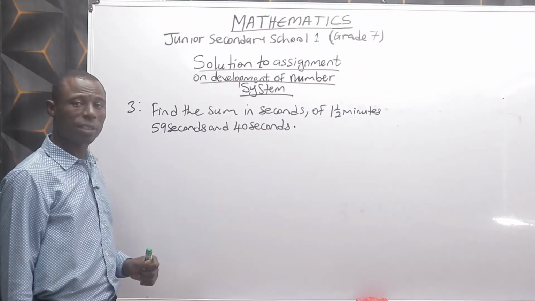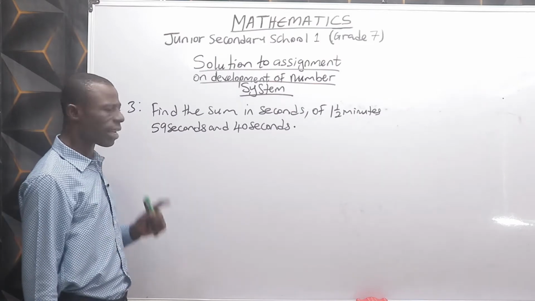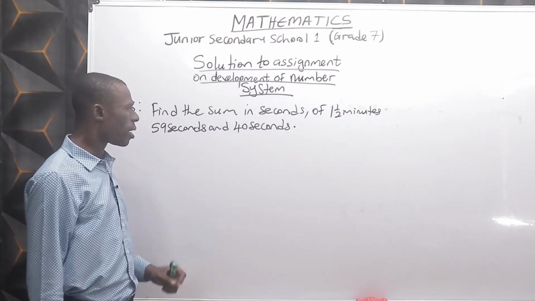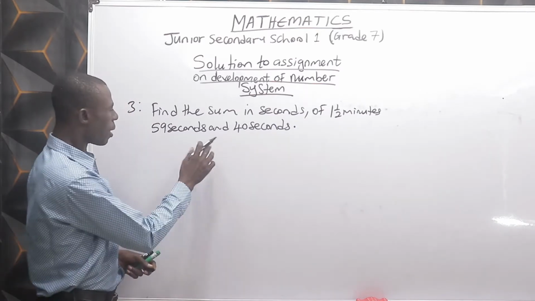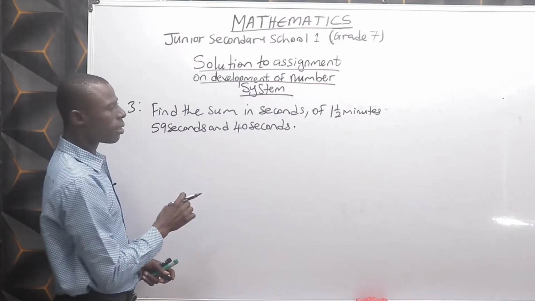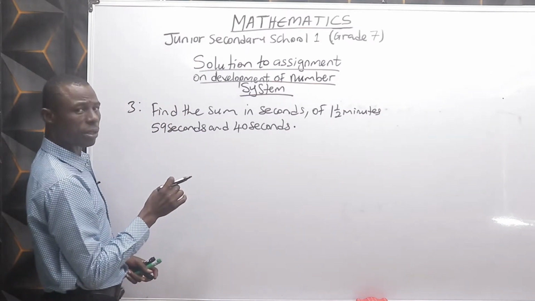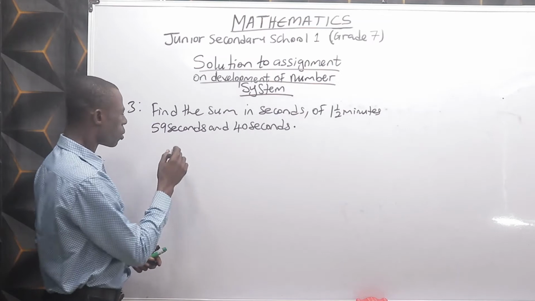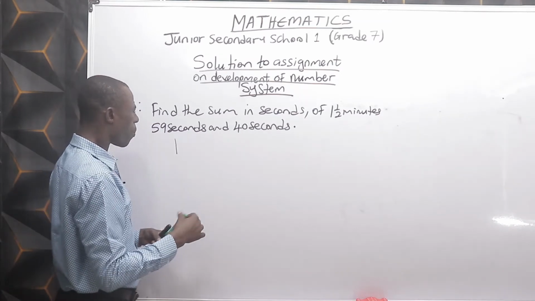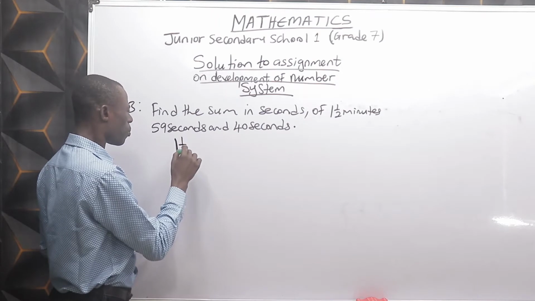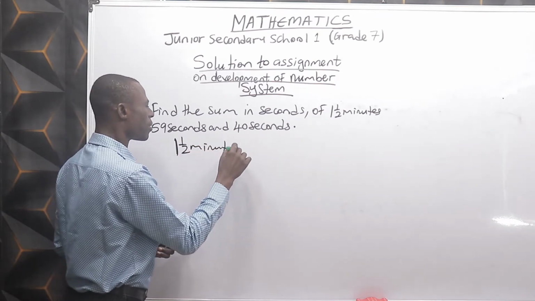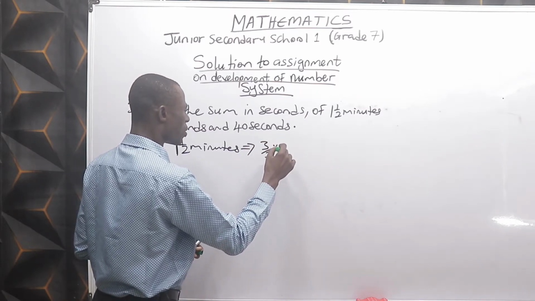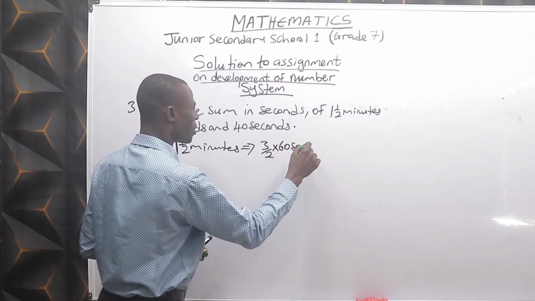Here is question 3 of the assignment. Find the sum in seconds of 1.5 minutes, 59 seconds, and 40 seconds. Among the 3 values given here, one is in minutes. The other 2 are in seconds. So let's convert 1.5 minutes to seconds as 3/2 times 60 seconds.